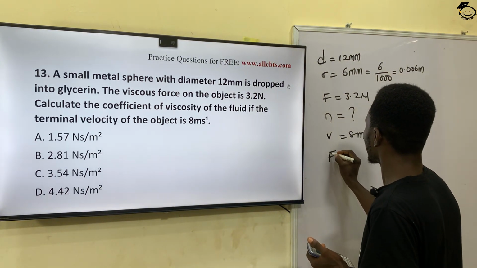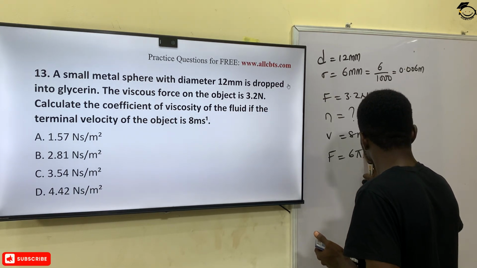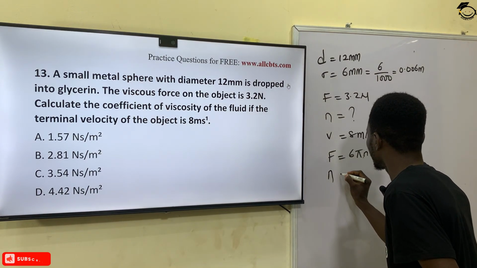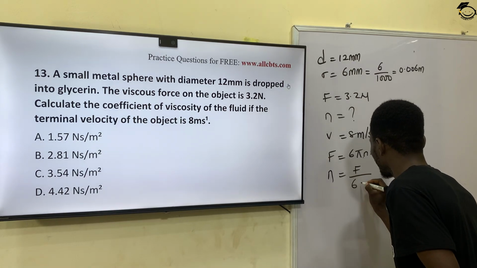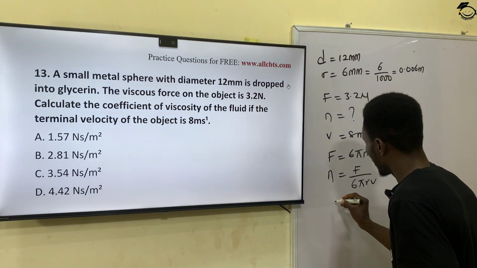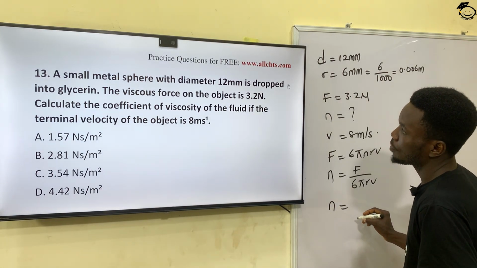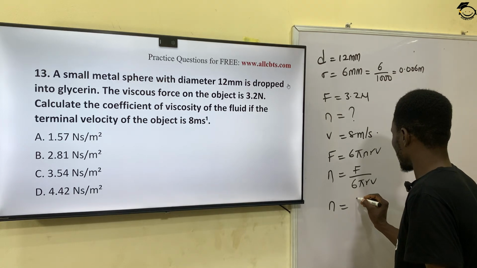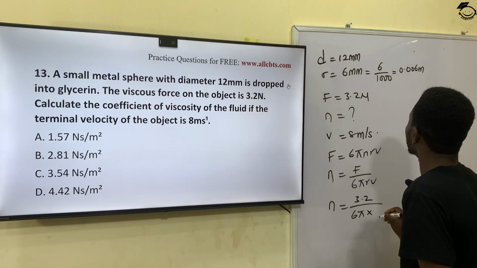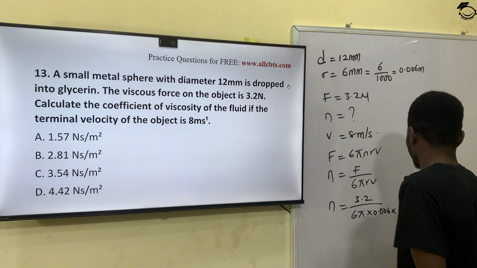And we know that our force under viscosity is 6 pi nRV. This is the same thing as saying that my n is equal to force over 6 pi RV, which means that my n, which is my coefficient of viscosity here, is equal to my force, which was given as 3.2, divided by 6 pi times my radius here, 0.006, times the velocity, which was given as 8.